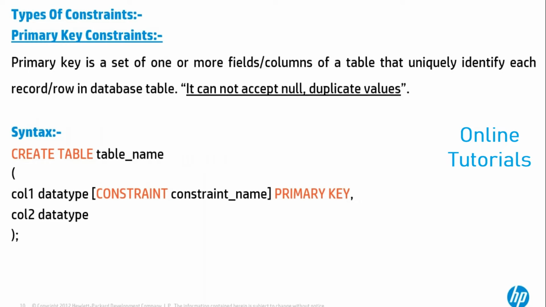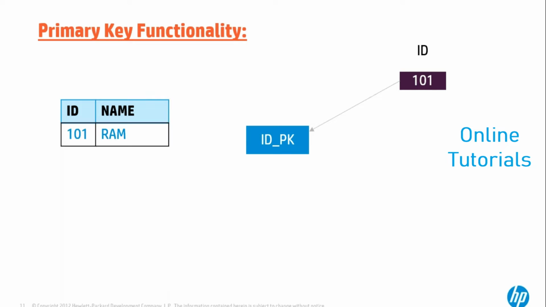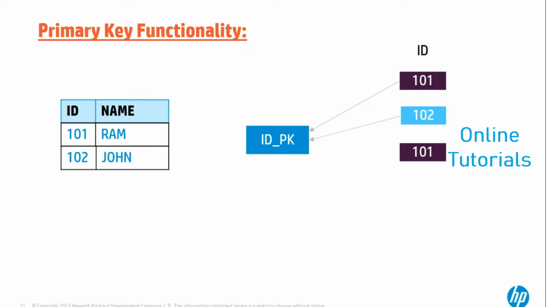Like you have ID and name. So I have a primary key. I am assigning 101 into my table. It will allow. If I'm assigning 102, will it allow? Yes, it will allow.